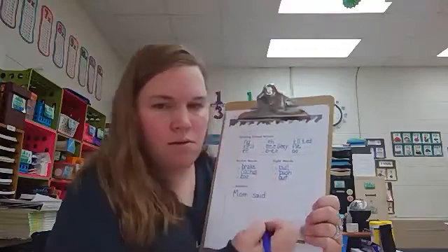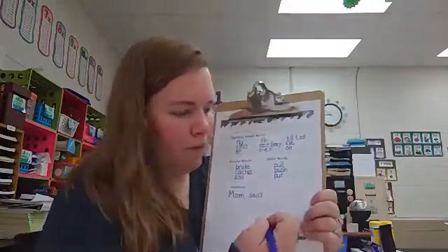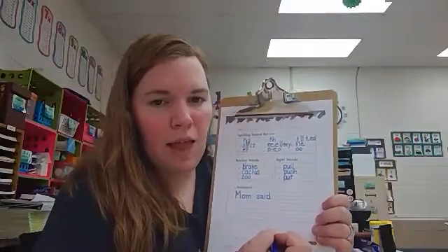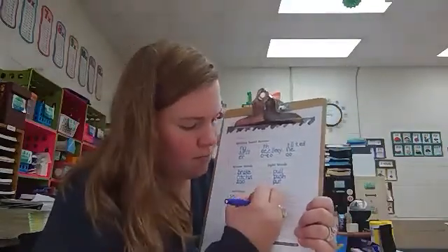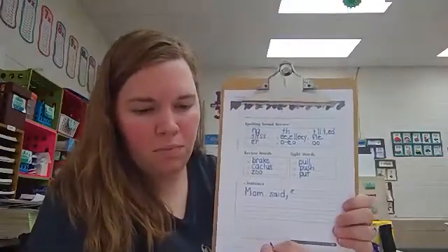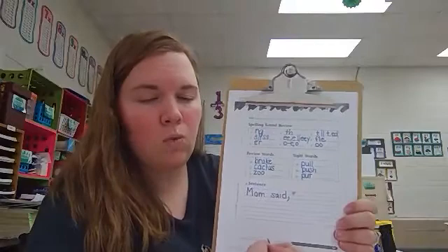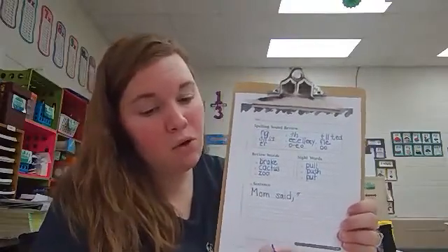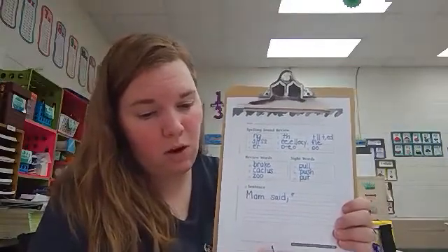Mom said, and then what do we need before the quotation marks? To show a slight pause, a comma, and then we'll start our quotation marks. And then we're going to capitalize what she actually said. What she said was, "Don't cry when I get the splinter."